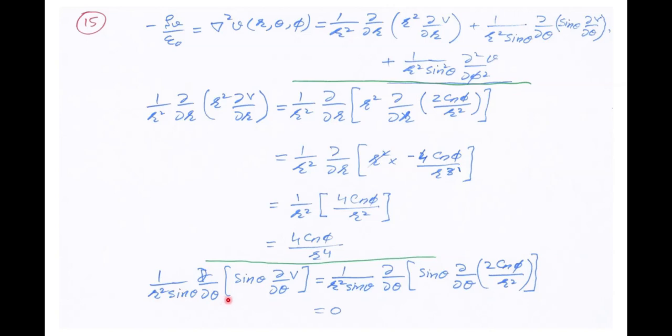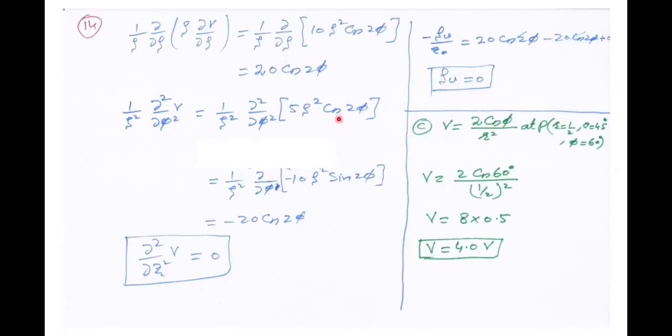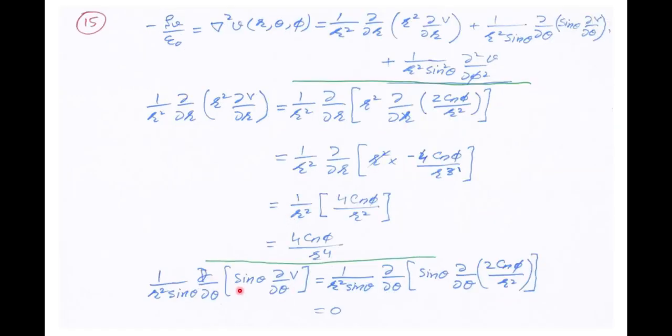Now, as the given potential function contains no theta, it is independent of theta. So the differentiation with respect to theta of the given potential function produces zero value, as all other variables in this function are constant for partial by partial theta.